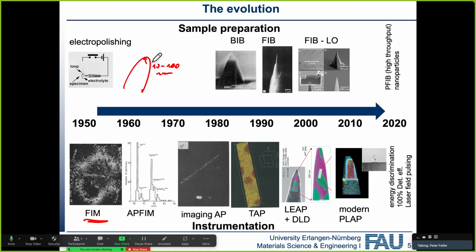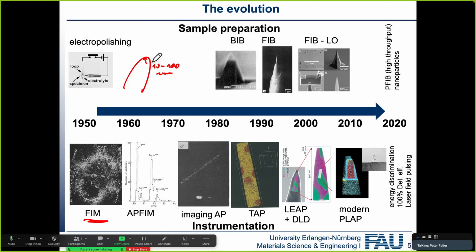And this is actually a very powerful technique. For example, the tips for scanning tunneling microscopy are also made exactly that way. It's a very low-tech technique for materials where you can use some of the nicer chemicals like KOH and NaOH, which works, for example, for molybdenum or tungsten.